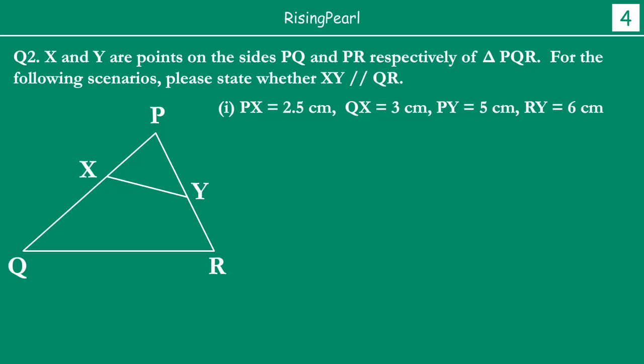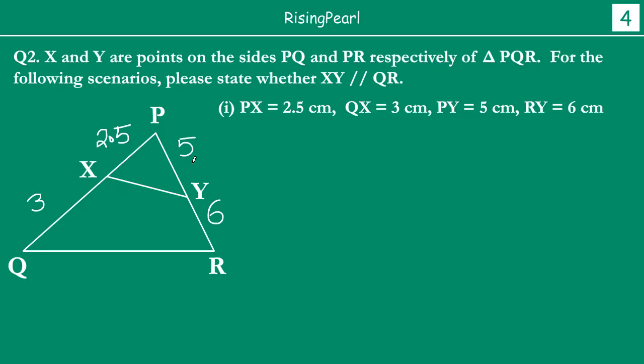Alright, now let's just continue with our question. So what do we have here? Now let's put the values in here. So PX is 2.5, this is given, and QX is 3. I'm not writing the centimeter, just writing the measure. All the units are the same. PY is 5, and RY is 6.